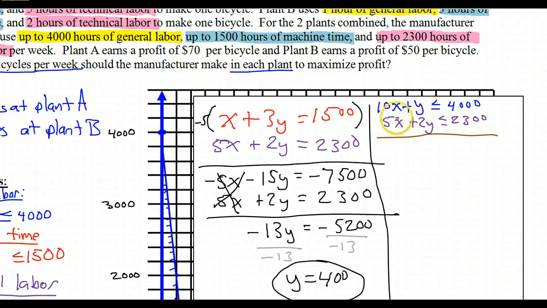It doesn't matter which one of these I want to eliminate. It really doesn't matter. I'll just eliminate the x's really only because they're in front. So if I multiply this by -2, that will make this into a -10, which will cancel out the +10. So the top equation, I'm just going to keep it how it is. 10x plus y is less than or equal to 4,000.